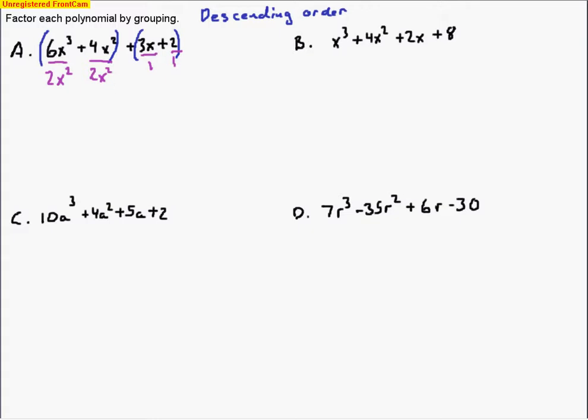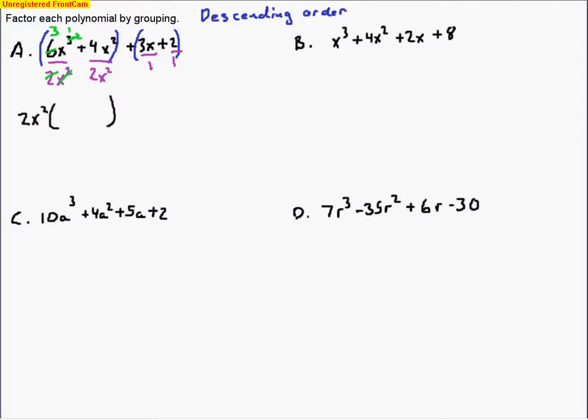And so now what we're going to do from this point is take that common factor, 2x squared, and put it on the outside of a parenthesis, and then we're going to do some reducing. So let's go ahead and do that. This 2 will cancel out this 6 and make it a 3. These two x's will cancel out 2 of the x's here, leaving us just with 1x left over.